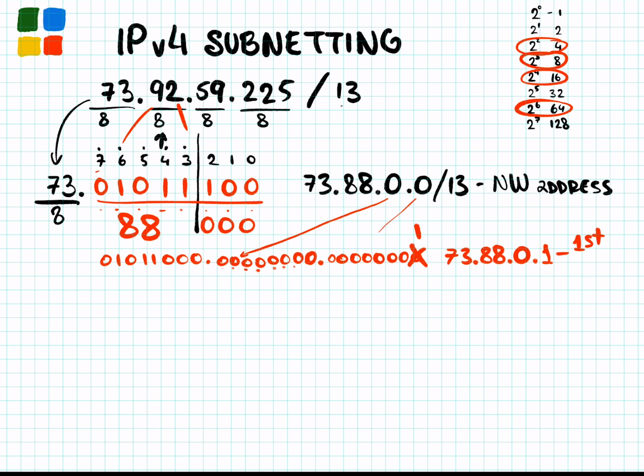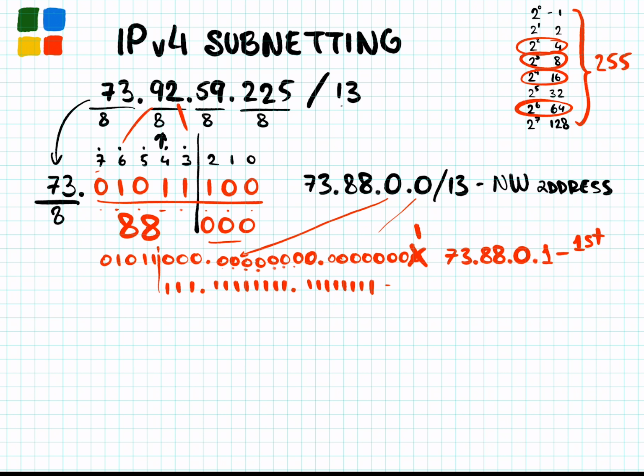For the last host address, we will take all the numbers of the hosts that are on this side and switch them into ones. So we'll write 111 and 11111111, 8 ones. Remember, the last one will be broadcast, so we need to take 1 before that, but it's still worth showing. All ones here, if you add all of these together, become 255.